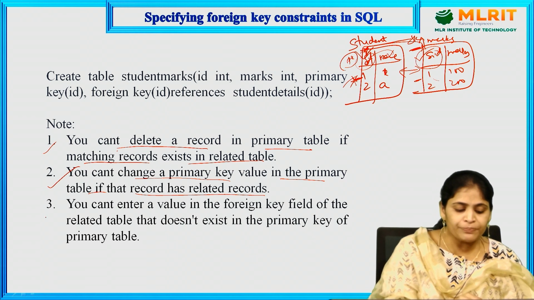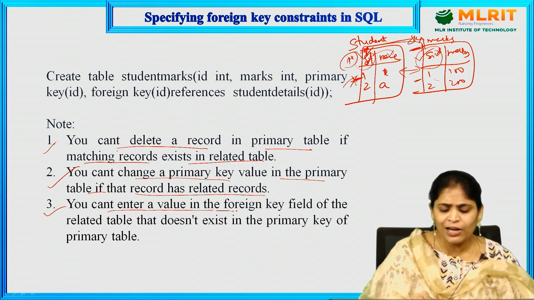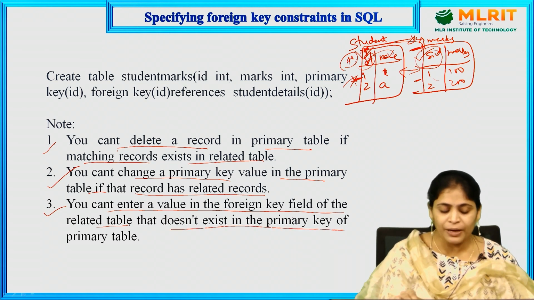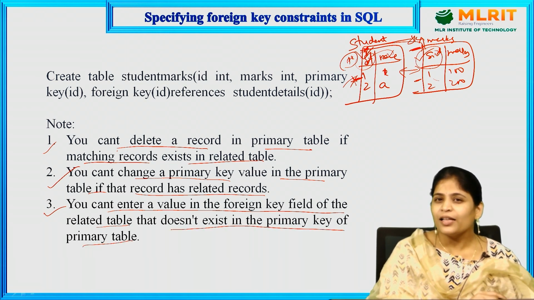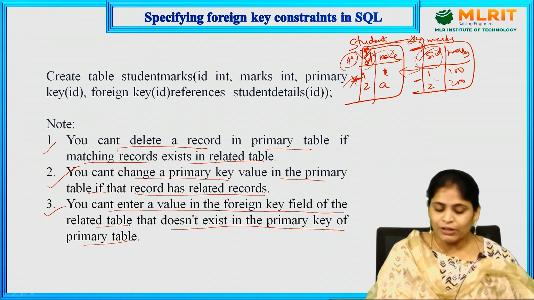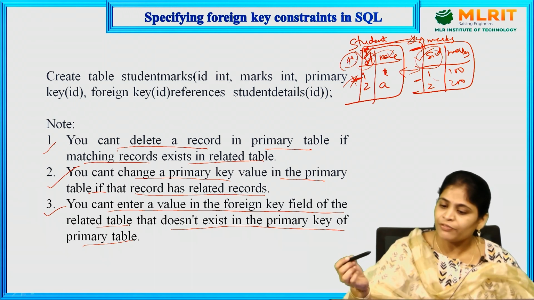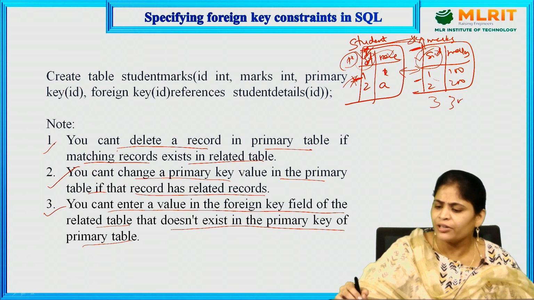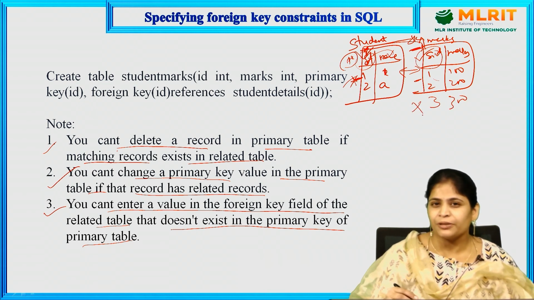Next, the third one: you can't enter a value in the foreign key field of the related table that does not exist in the primary key of the primary table. That means if I try to enter here, for example, 3 with some 300, it will not accept. Why?